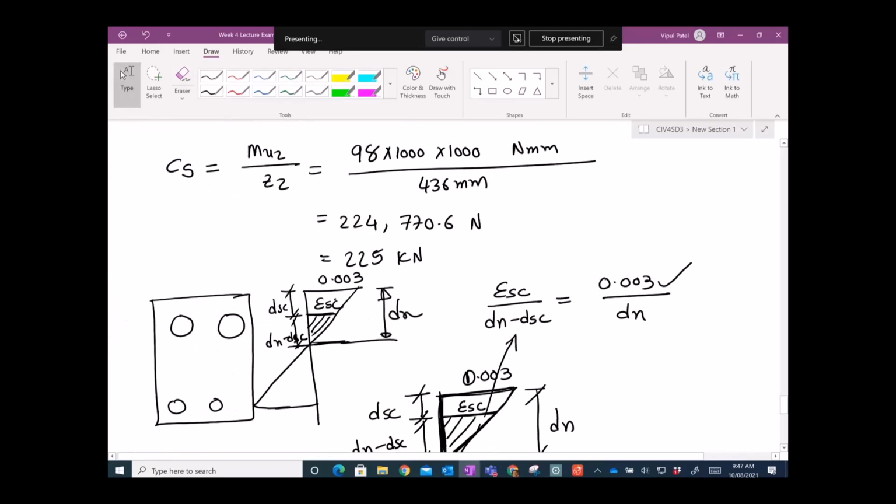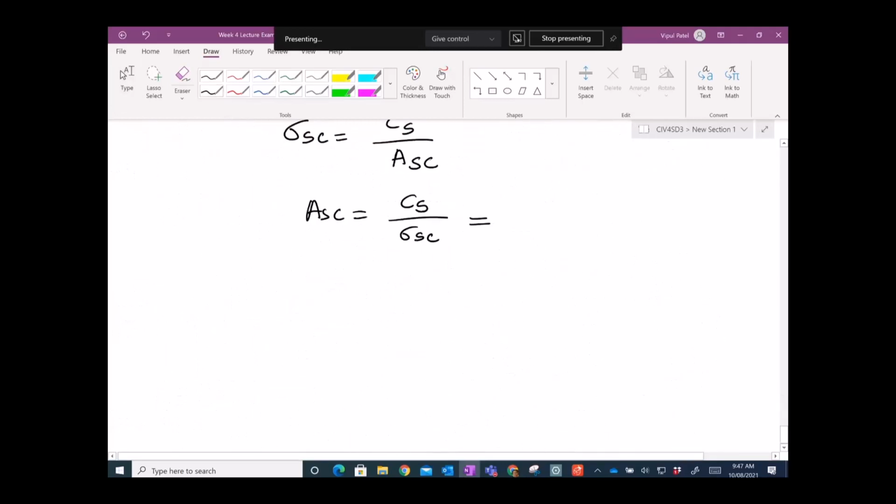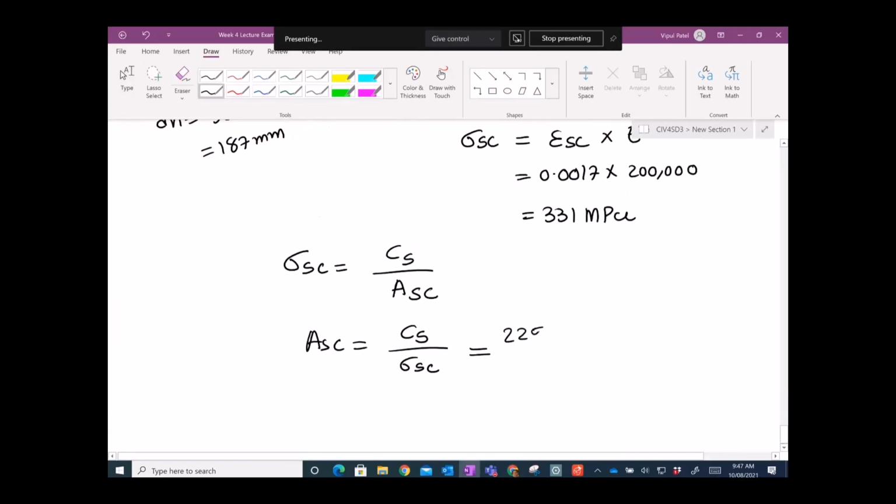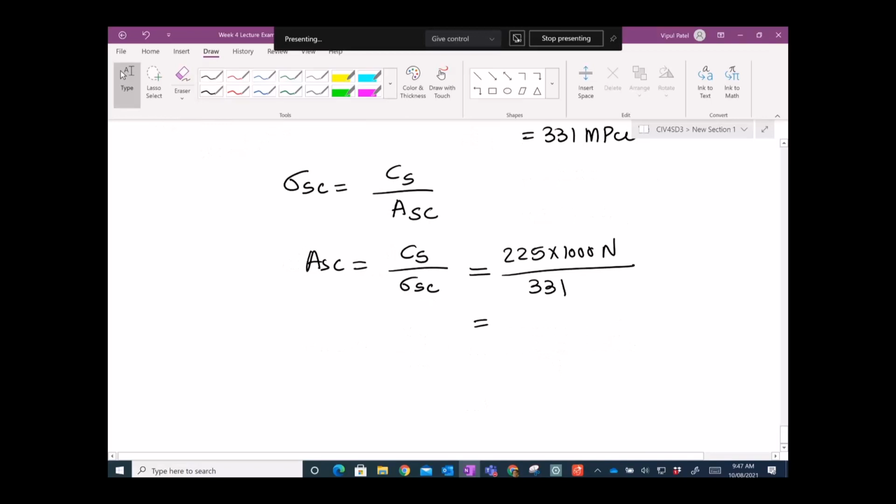Yeah, here you go, force 225. So we have force 225 times 1000 to get it in newtons, over 331. You get around 680 millimeter square.